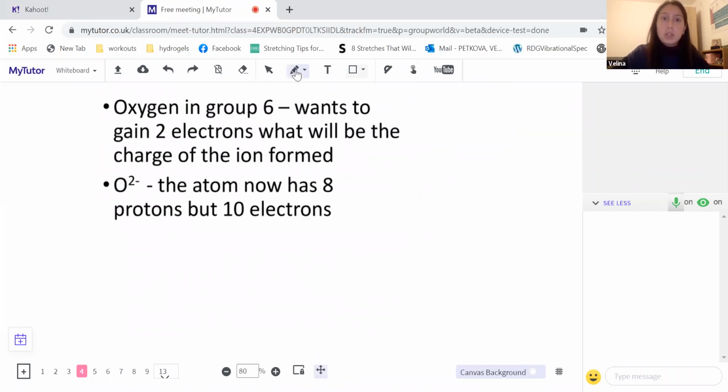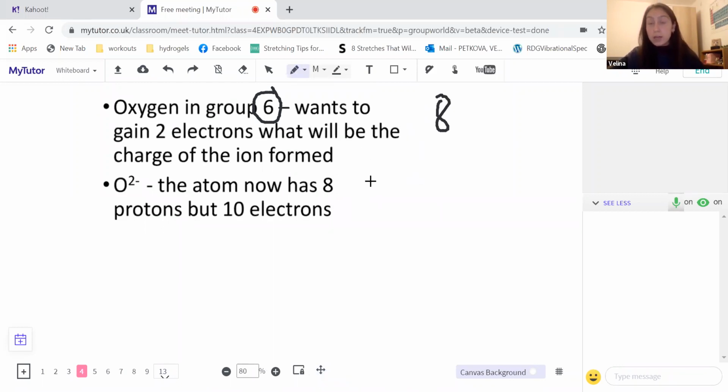If oxygen is in group 6, it wants to gain 2 electrons. But what will be the charge of the ion formed? It wants to gain the 2 electrons because it wants to reach 8 electrons in its outer shell, since group 6 means it's got 6 electrons in its outer shell. So what will be the charge of the ion formed?